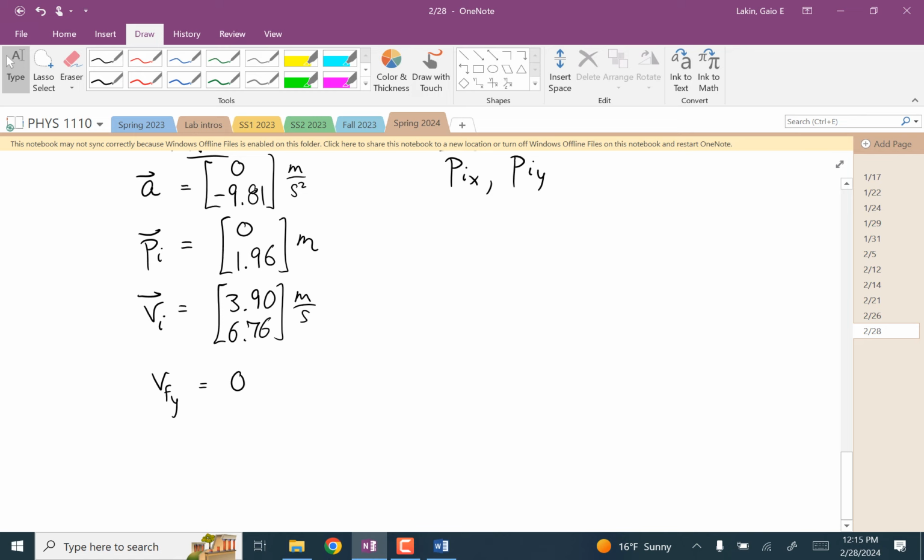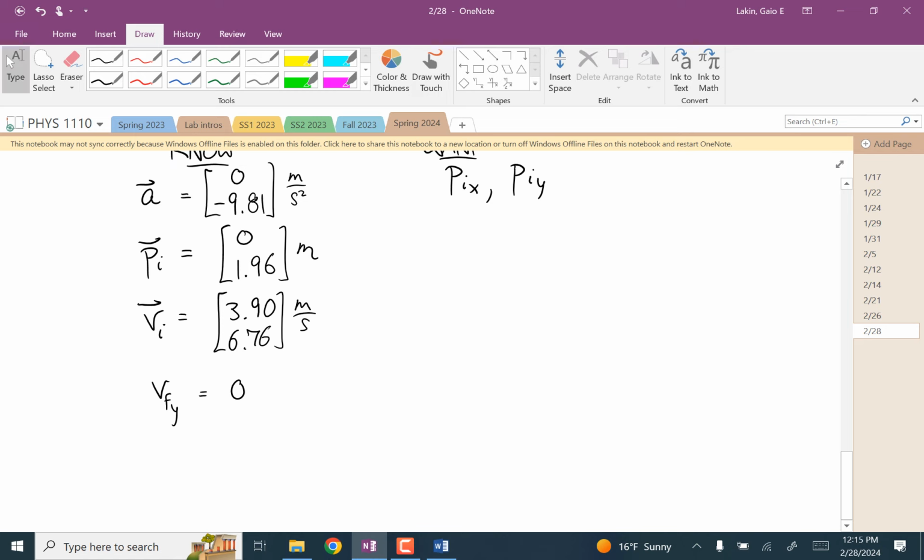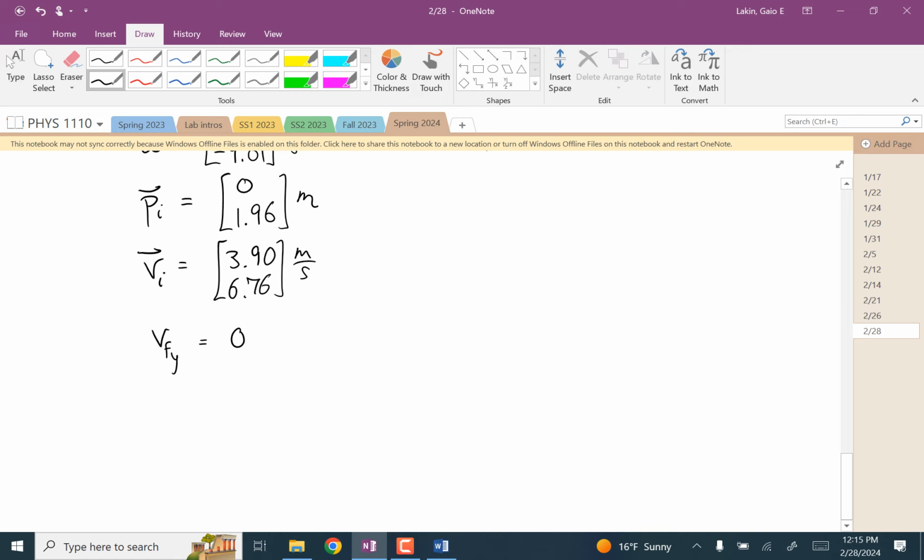Okay, so what can we figure out? I suppose we can figure out PFY from this equation: 2AY times the quantity PFY minus PIY is equal to VFY squared minus VIY squared.